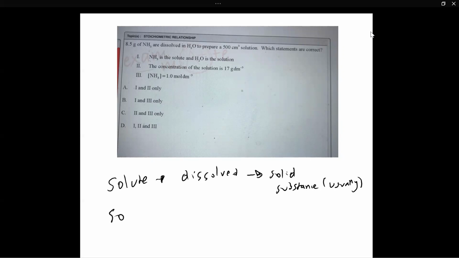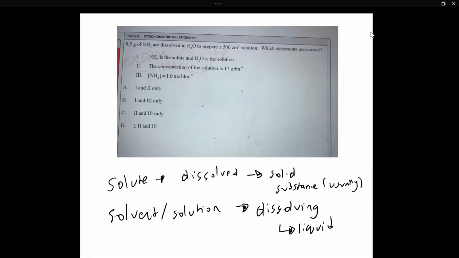On the other hand, the solvent, or the solution, is the thing that is dissolving something else. As you can see here, H2O is dissolving NH3. Usually the substance which is dissolving is a liquid.